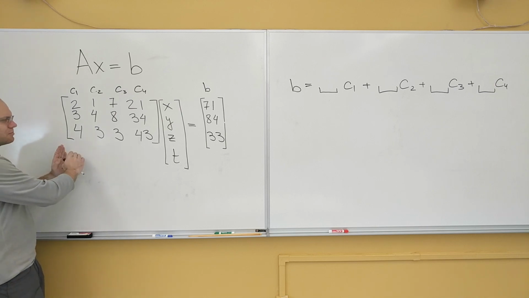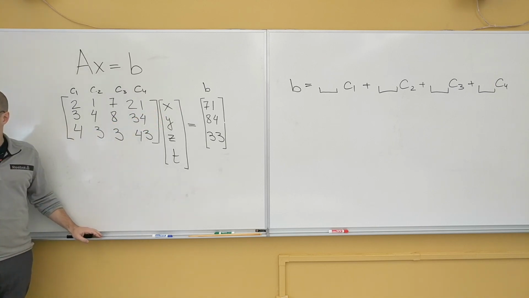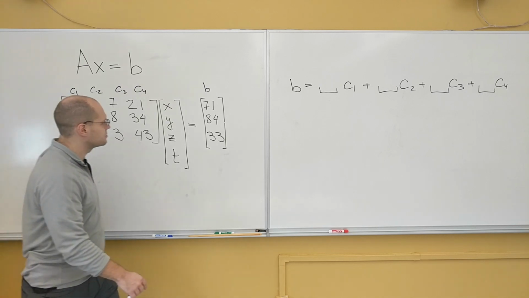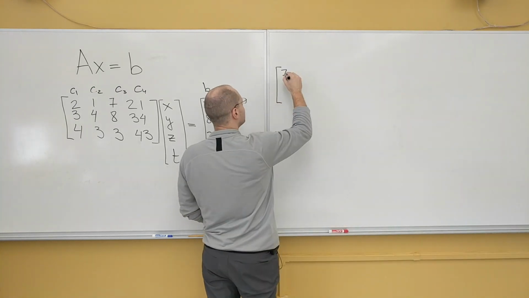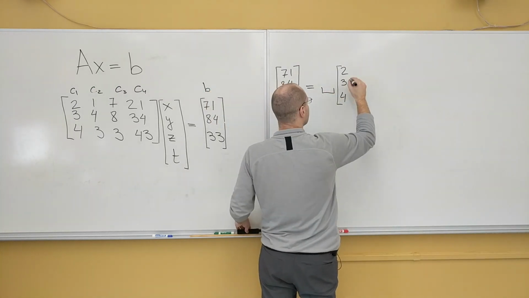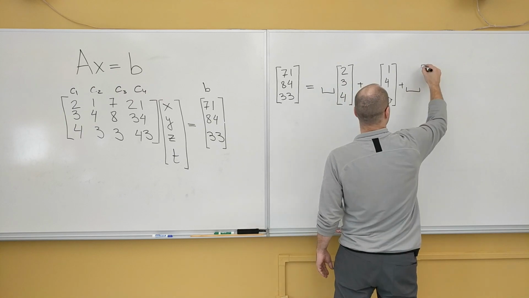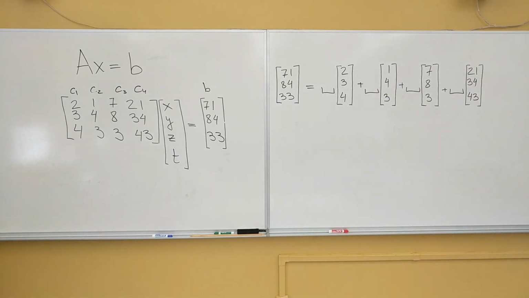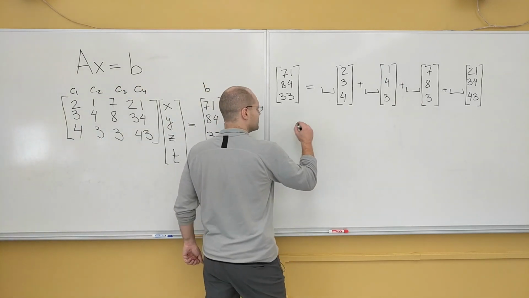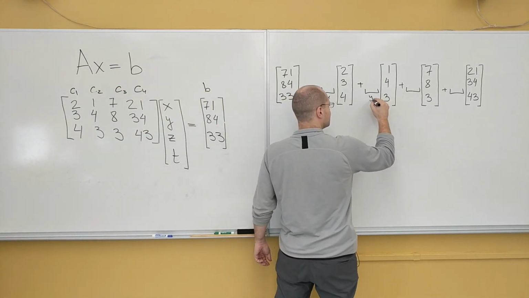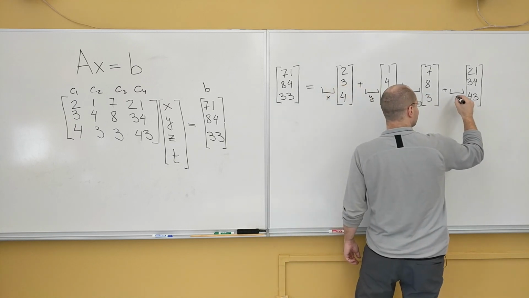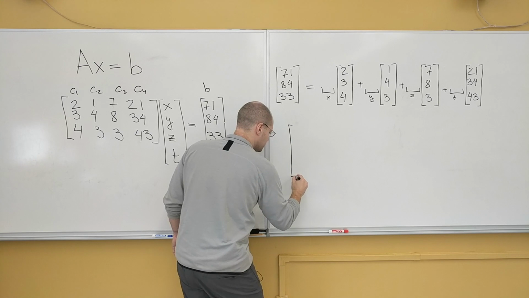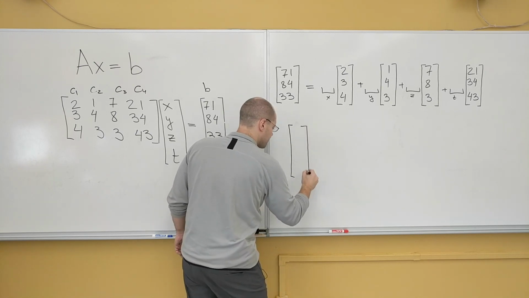So let me now just take a moment to copy this over to the right-hand side so I can talk about vectors and not columns in a matrix. Okay, here comes, so this is X, this is Y, this is Z, this is T, and here is where we'll summarize the solution.